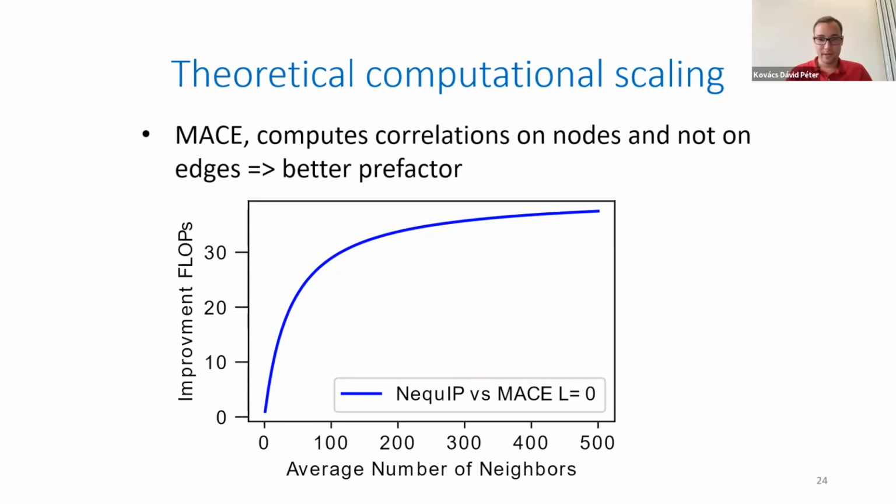So I think with body order, the size increases, but not really the cost, because the cost is always in evaluating the two-body edge features, and then you just form products. So it's not very expensive to go to high body order in that sense.